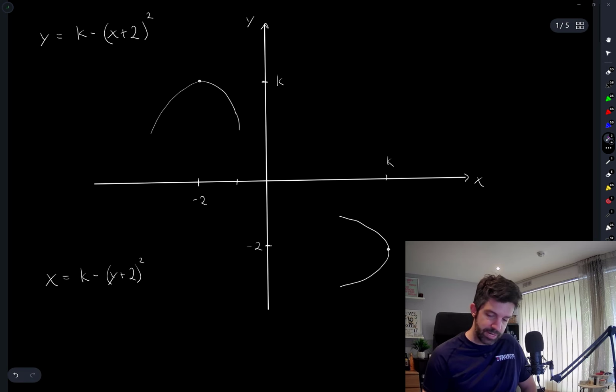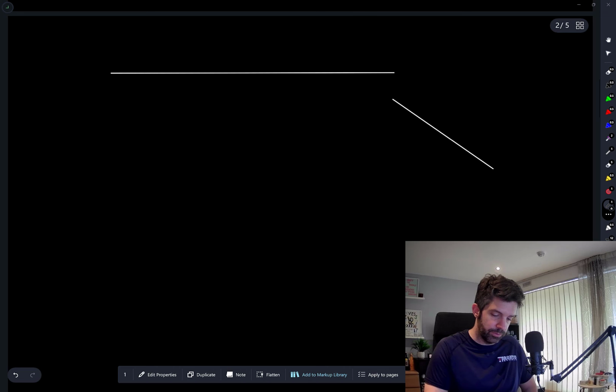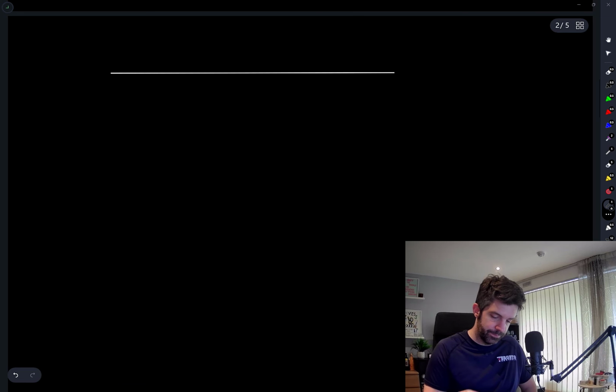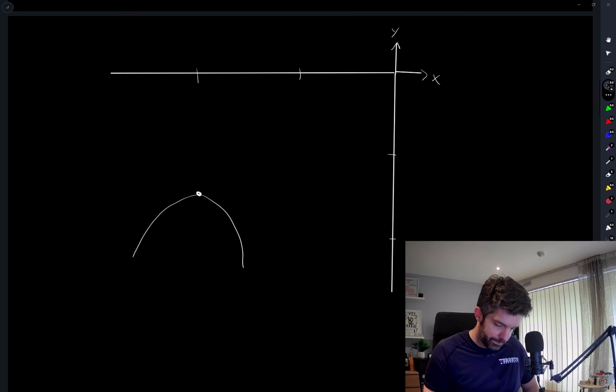So let's redraw the picture for what a negative value of k might look like. In fact, I'll only need the negative axes for x and y. So this corresponds to a value of k about negative 1.5.